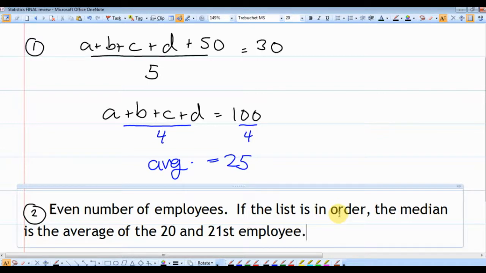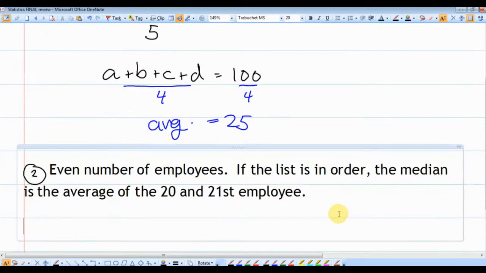And this is basically why the list is in order, so you can do this really quickly. The 20th and 21st are 47 and 49. So the median is one half of 47 and 49. The median is 48.